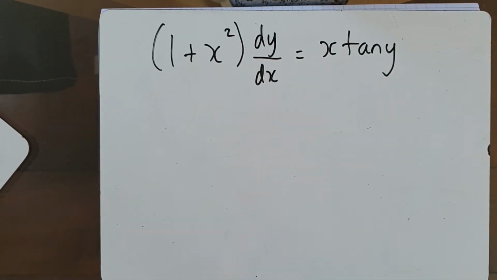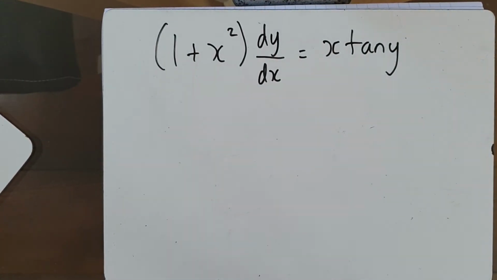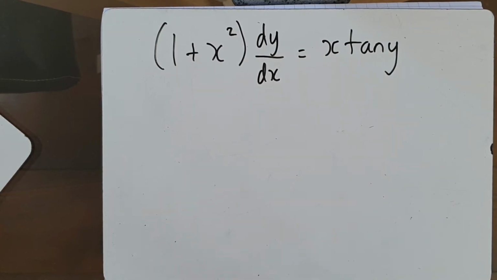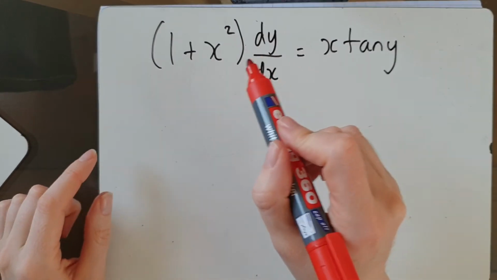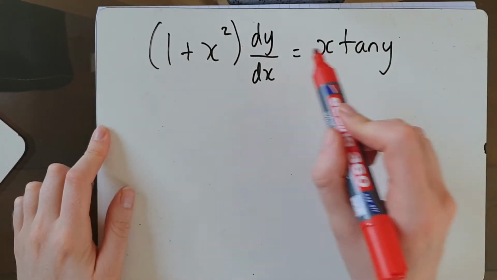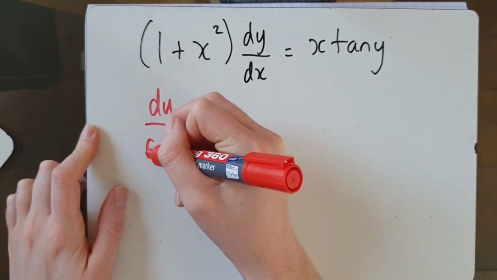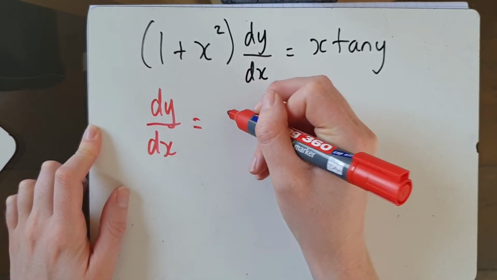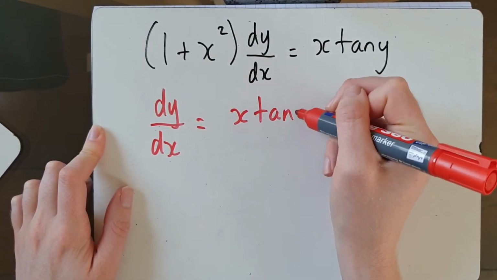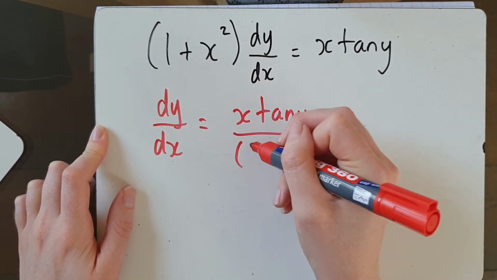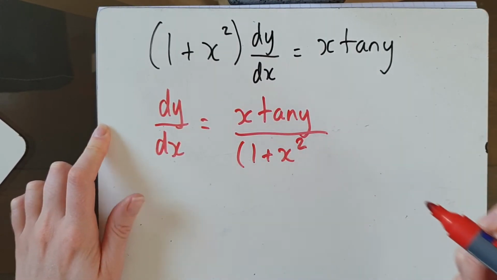So what we want to do is we want to get all of the y's on one side along with dy and all of the x's on the other side along with dx. So I need to take the 1 plus x squared over to this side. So I'll have dy by dx equals x tan y over 1 plus x squared.